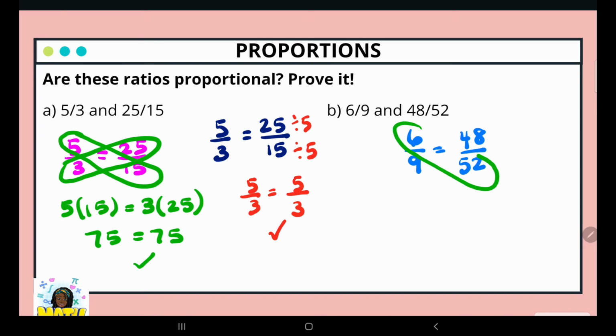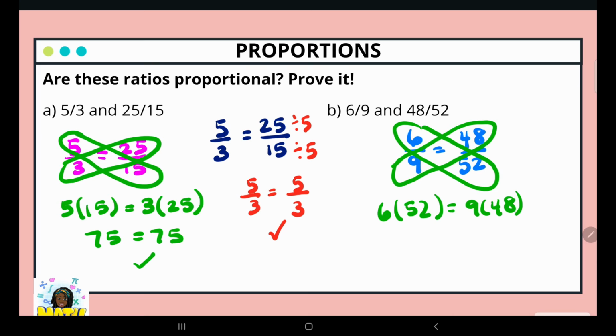So 6 times 52, 9 times 48. 6 times 52, so we rewrite it. 9 times 48. So 6 times 2 is 12, carry the 1. 6 times 5 is 30, plus 1 is 31, so 312.